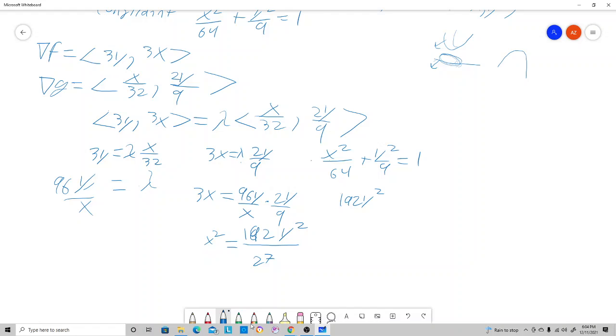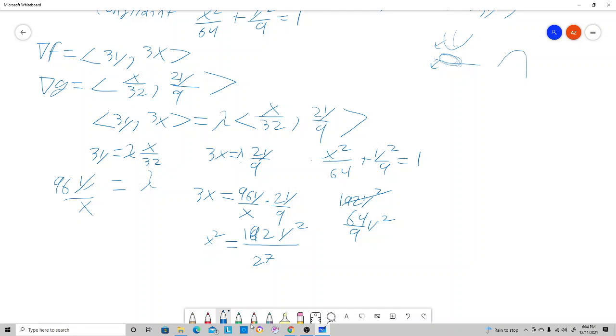So x came up here. Yep. And then actually we can even try to simplify 192 over 27. That will give us 64 over 9. So let's get rid of this. 64 over 9 y squared.